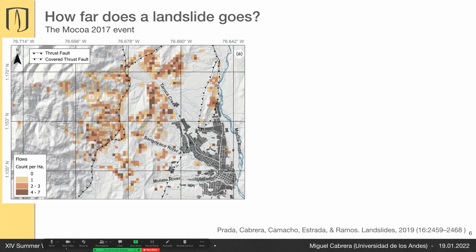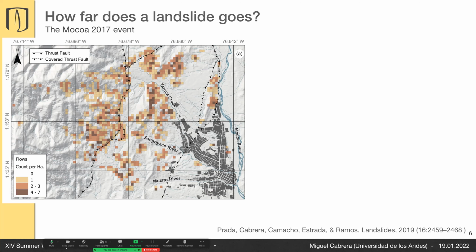And what you see in this plot is that the darker the color, the more landslides occurred within that hectare. So many landslides happened right above this line with the triangles, but you can also see that there are some rivers and creeks next to that.